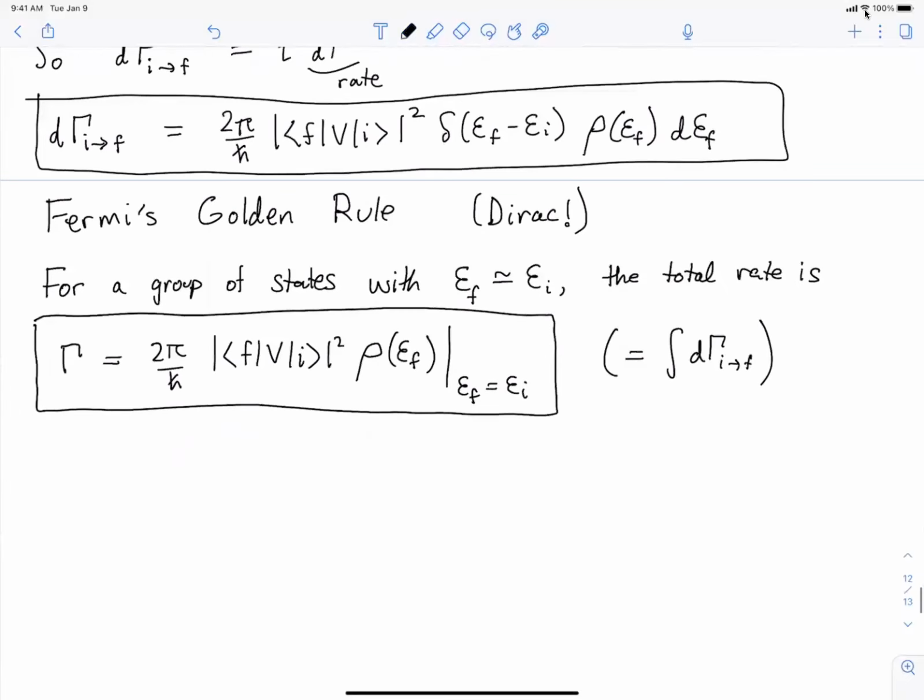Okay, so to use this equation, we've integrated over final state energies. Notice it's valid for large times, but not too large.